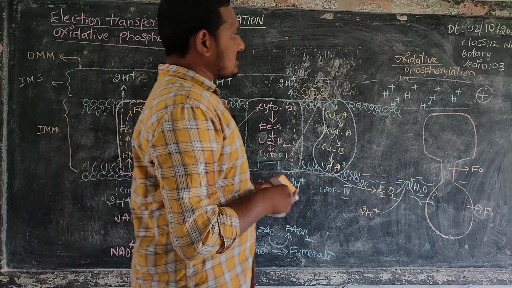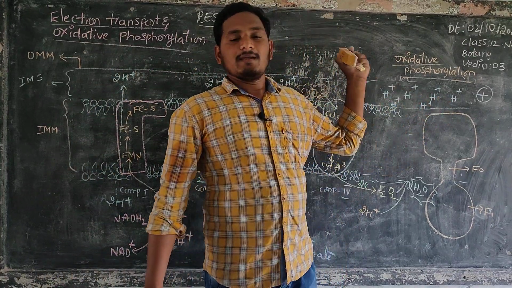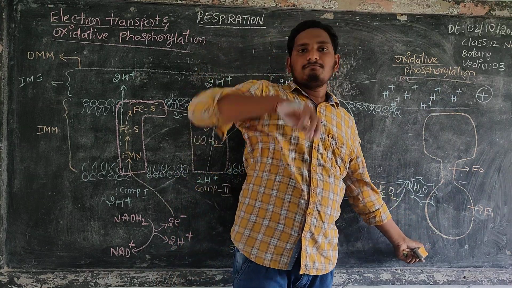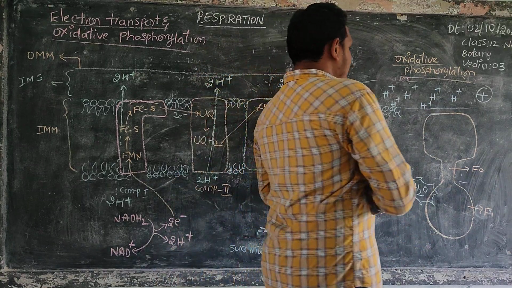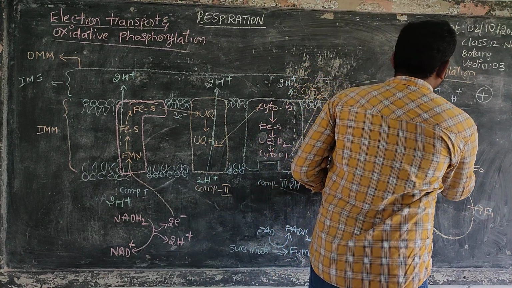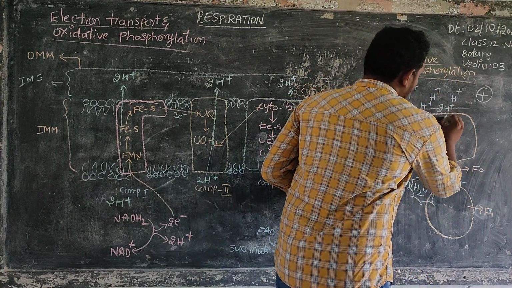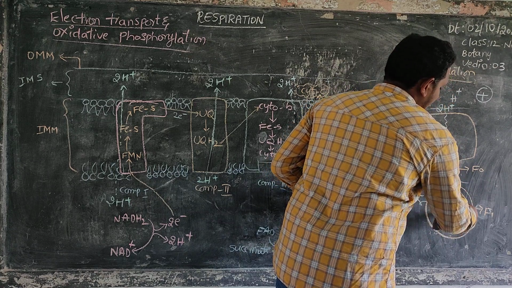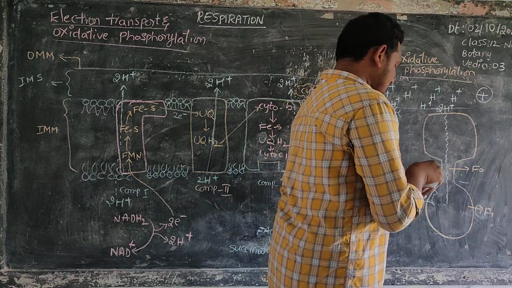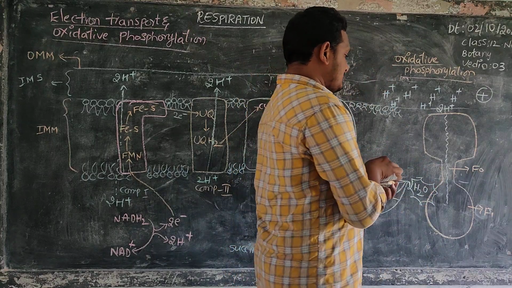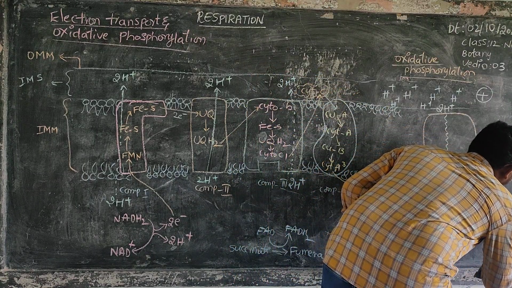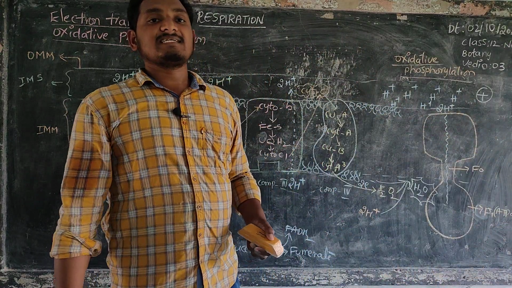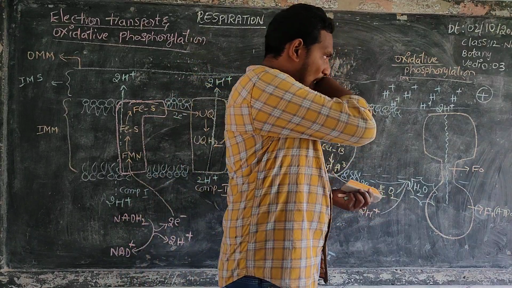So protons come from the intermembrane space back to the matrix. A pair of protons comes to the F0 particle and F1 particle. The F1 particle acts as an ATPase, also called ATP synthetase.